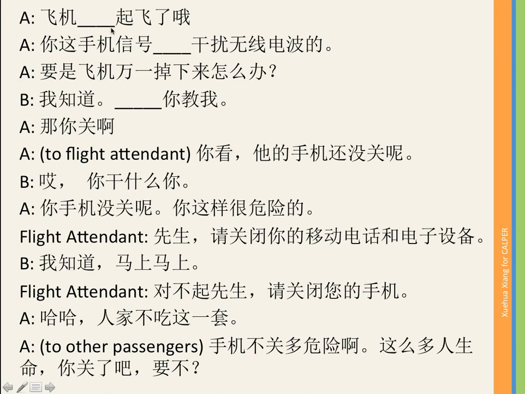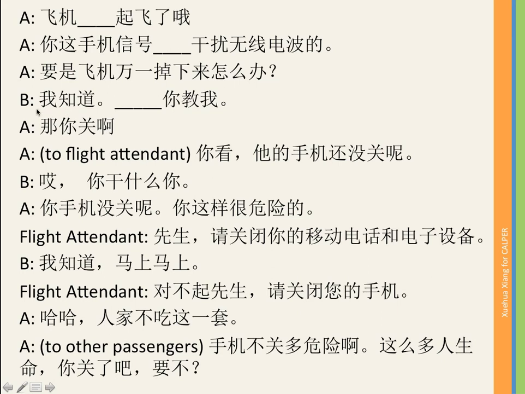飞机 something something 起飞了哦 It's gonna start taking off now. 你这手机信号 would interfere with the signals. 你这手机信号 something something 干扰无线电波 wireless waves, electric waves. 要是飞机万一掉下来怎么办 If the plane fell from the sky, what would that do?